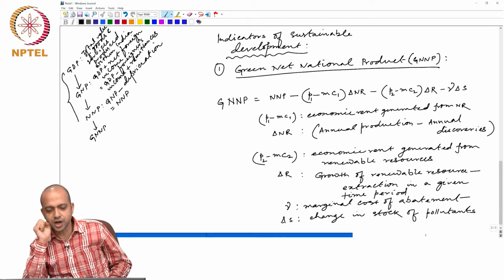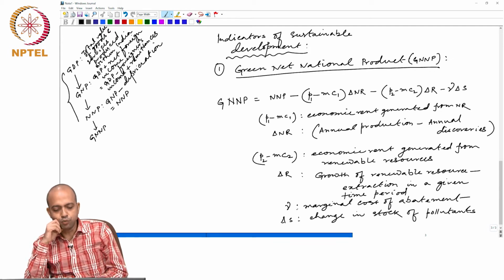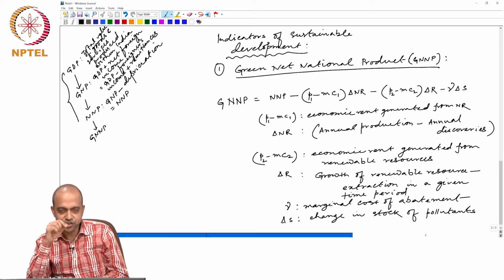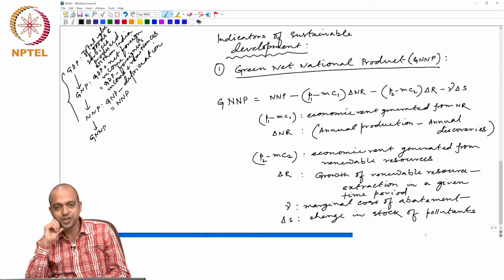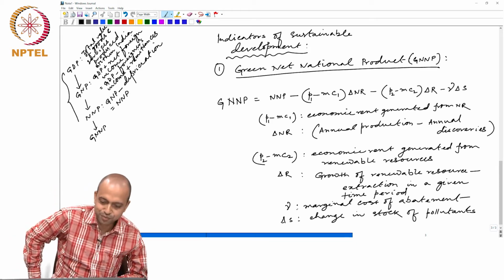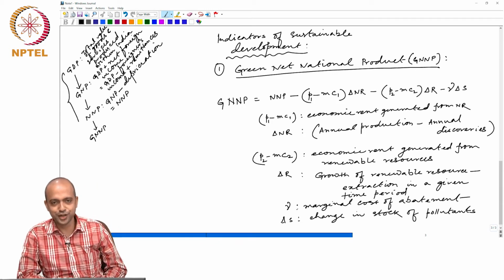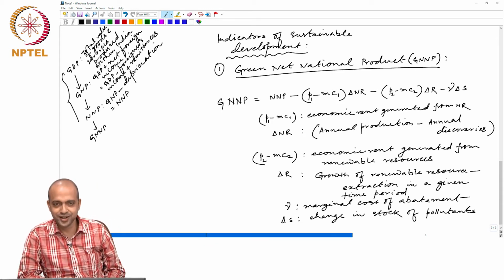Okay. This is how we can actually modify the net national product definition, and we can come up with a measure which is green in a sense, which is sensitive towards the environment, because we are deducting the contribution of the environment that we derive in the process of making this gross national product or net national product.